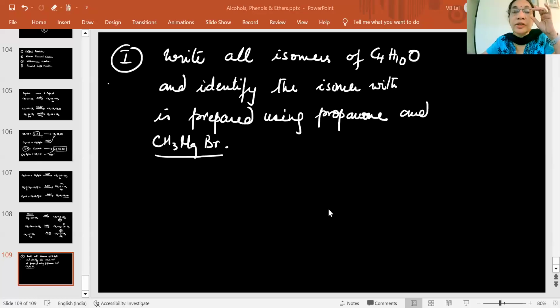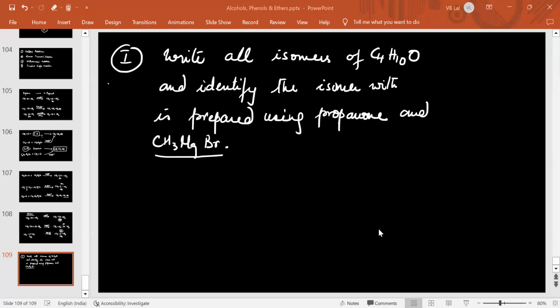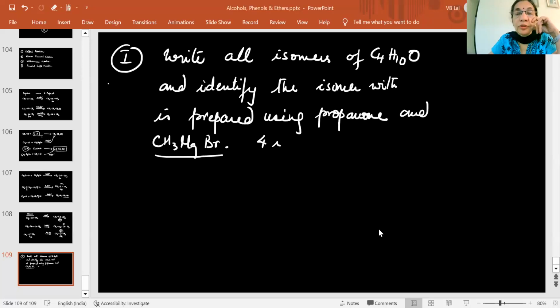Did you find the answer? Yes, you can write 4 isomers.